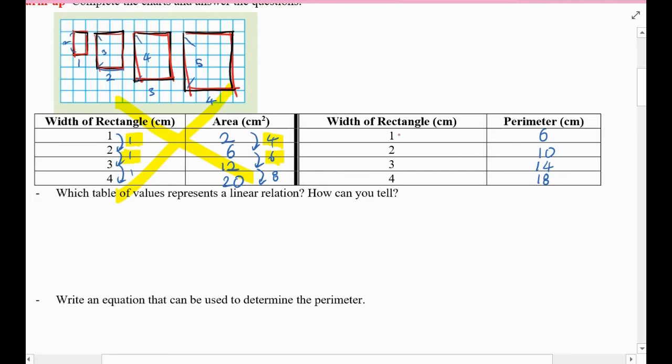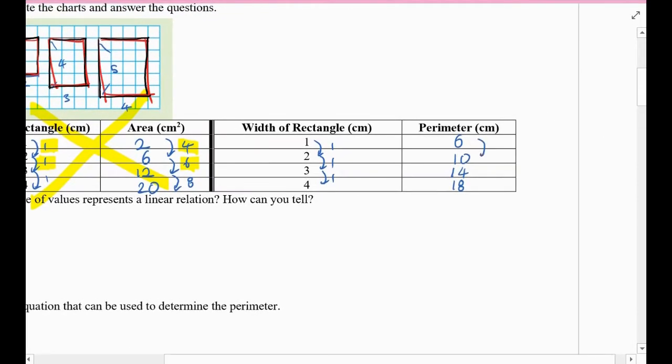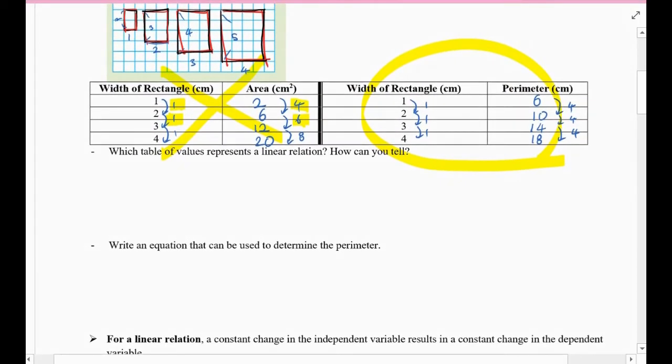But if you look at this, every time the width of rectangle is increased by 1, perimeter is increased by 4. Constant rate of change. Therefore, this is a linear relation. Okay?